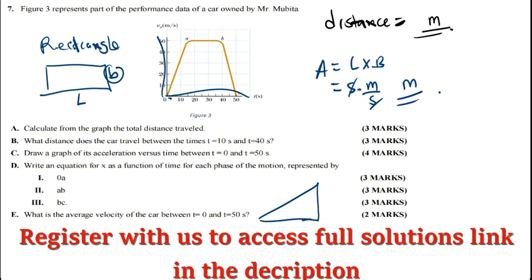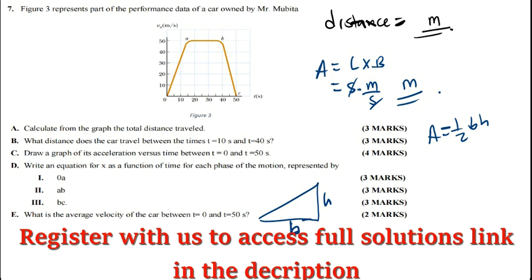The formula for triangle, we say area is given by half BH, where this is B and this is H. H is the height.